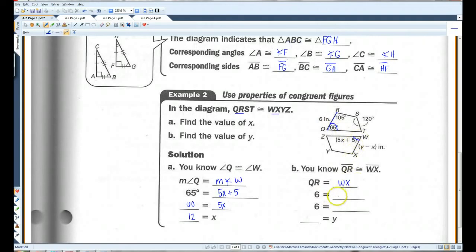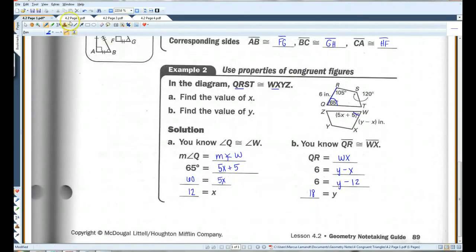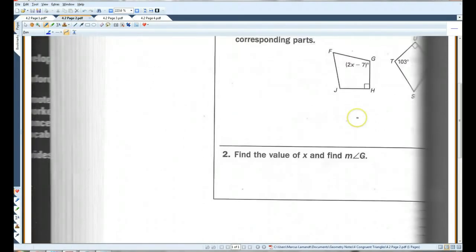WX has y minus x. Now we know that x is 12. So I'm going to substitute 12 for x. Now, if I add 12 to both sides, I get y equals 18. Alright, let's go on to page 2. Checkpoint. You guys can do those.